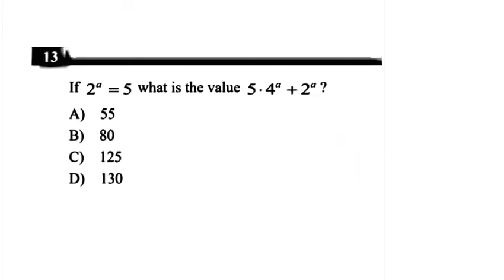Question number 13 says 2 to the power a is equal to 5. Then what is the value of 5 into 4 to the power a plus 2 to the power a?